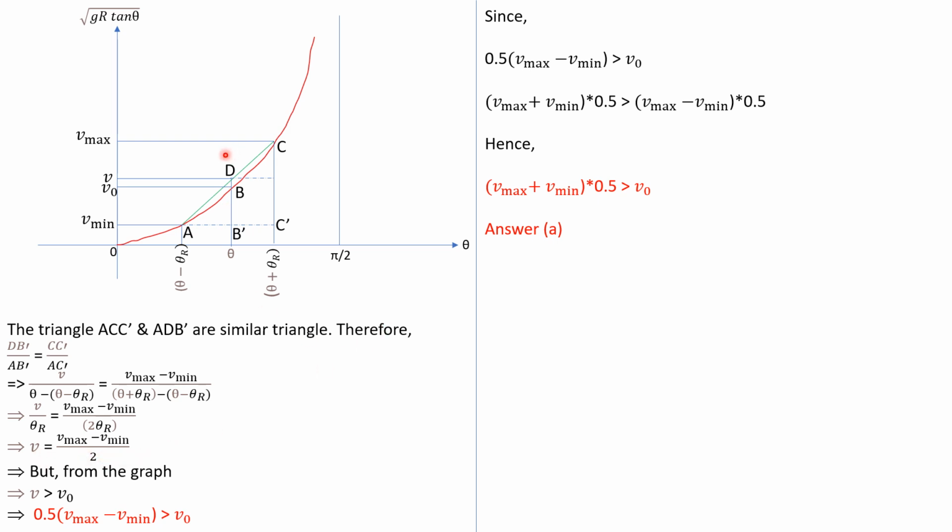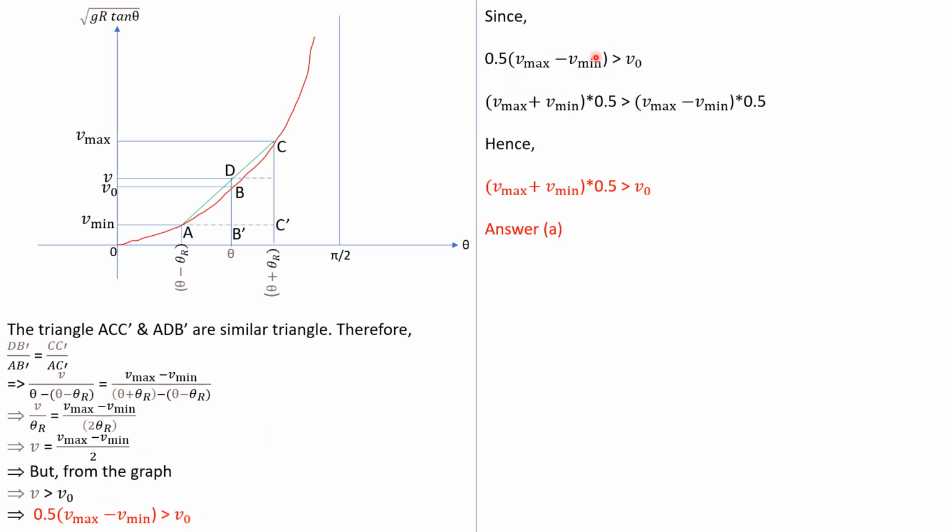But from the graph you can see the coordinate of D is greater than the coordinate of B. So V should be greater than V0, because D's y coordinate is V and B's y coordinate is V0. So put the value of V from here, we will be getting this.